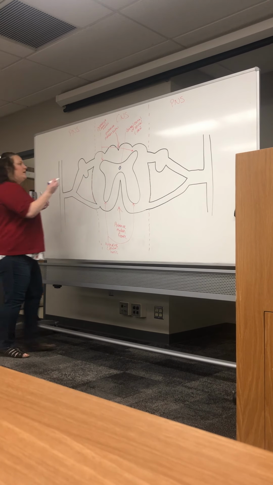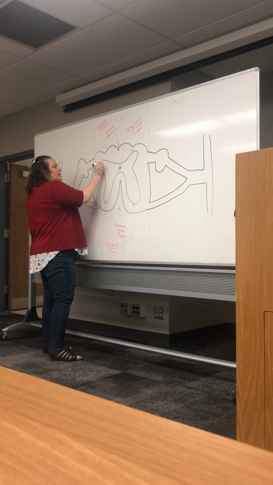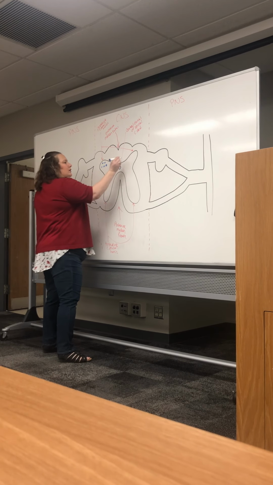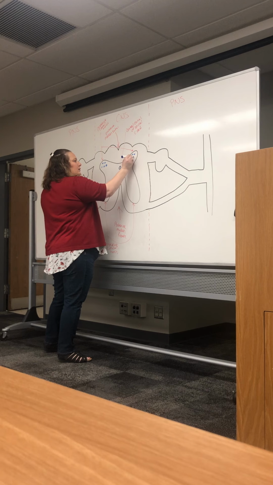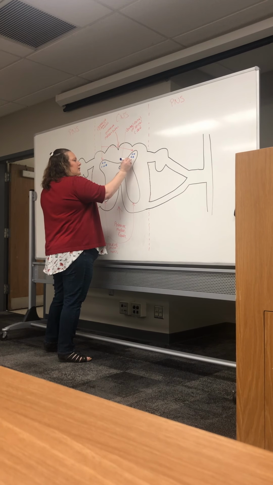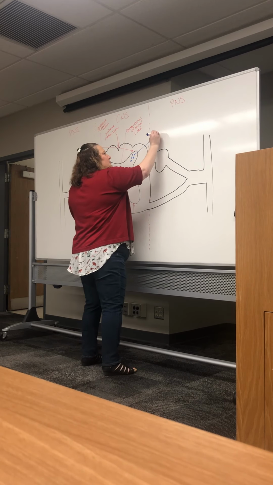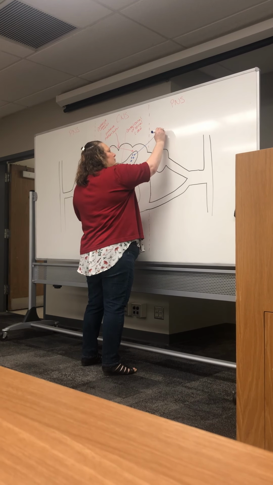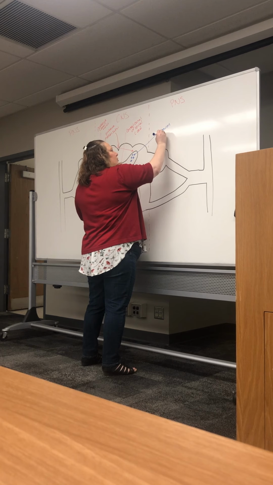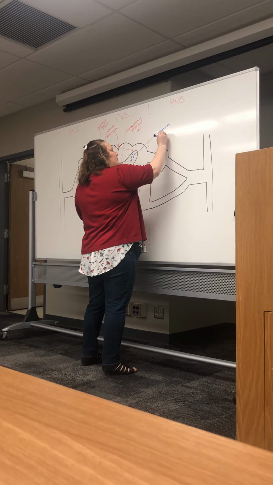Interneurons. So we have lots of interneuron cell bodies. I'm going to draw 5 on each side. These are representing interneurons or association neurons.